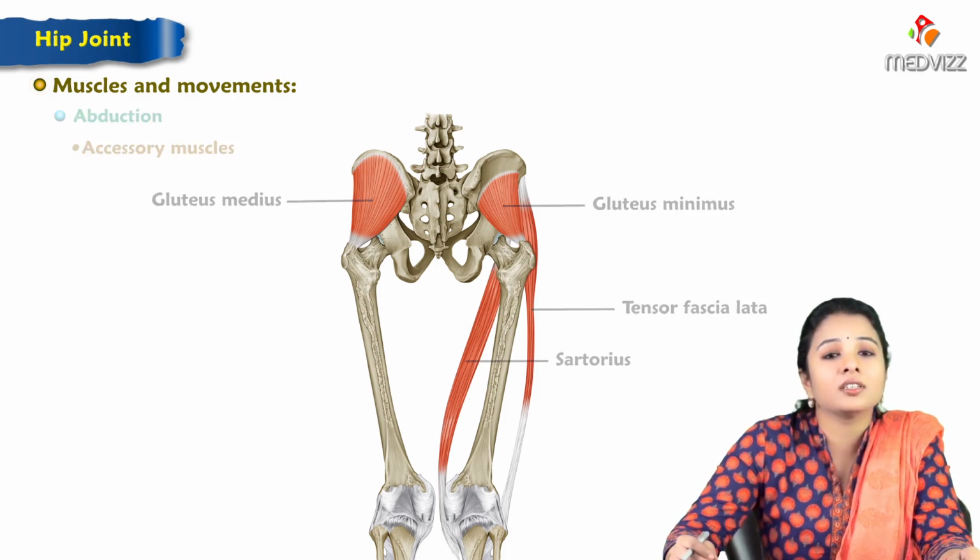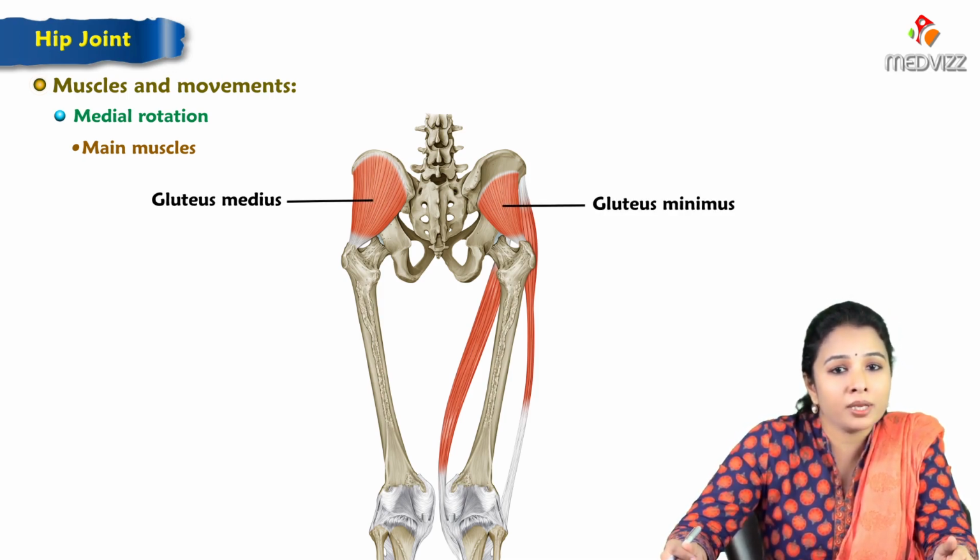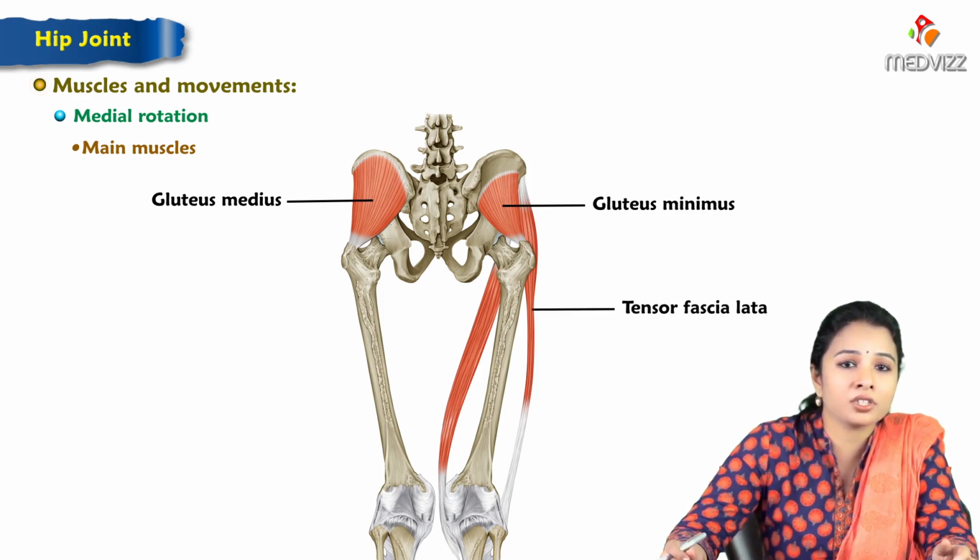Next, about medial and lateral rotation. First, medial rotation is brought about by gluteus medius and minimus, and also TFL, tensor fasciae lata. So these three muscles cause medial rotation.